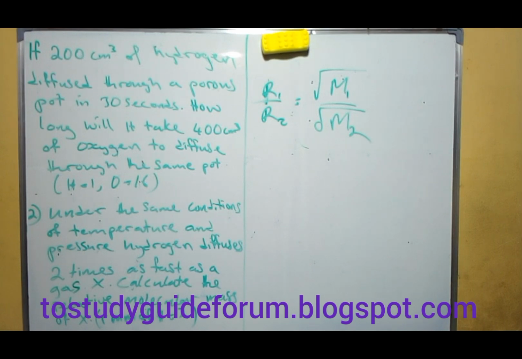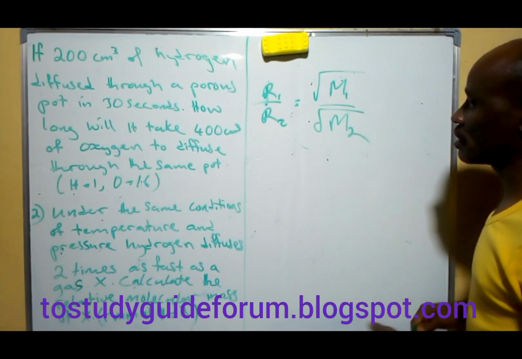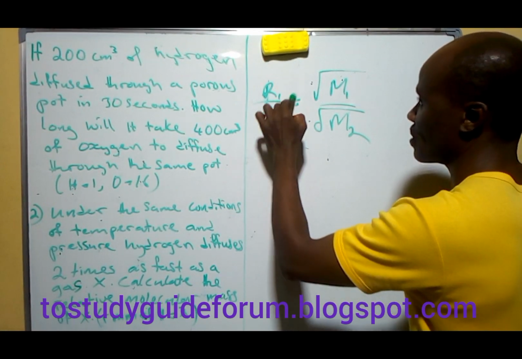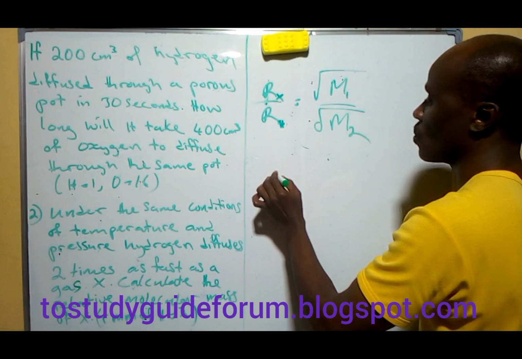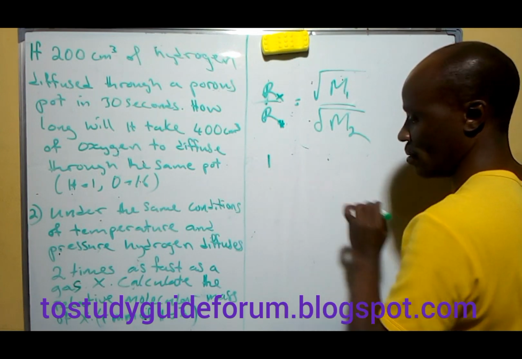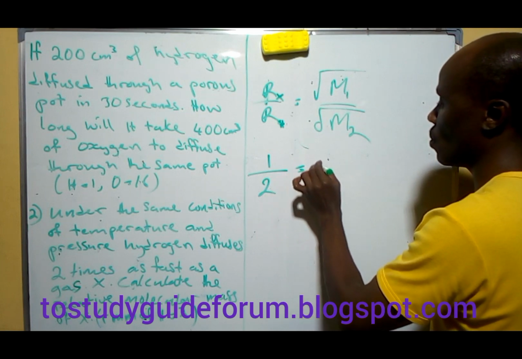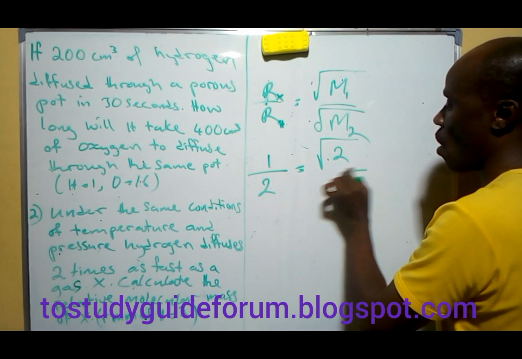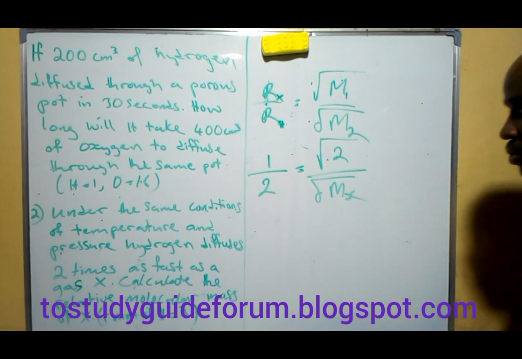In this case, for the gas X, perhaps you can use X here and hydrogen here H. So for X the rate is 1, for the hydrogen it is 2, equal to the relative molecular mass of hydrogen, which is 2, all over the relative molecular mass of X that we don't know.